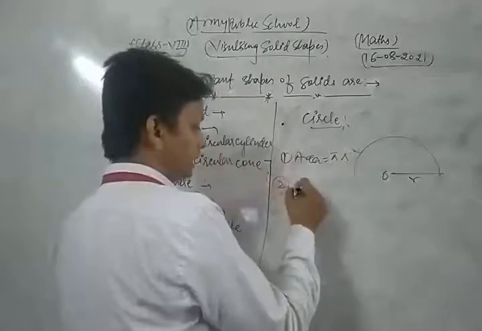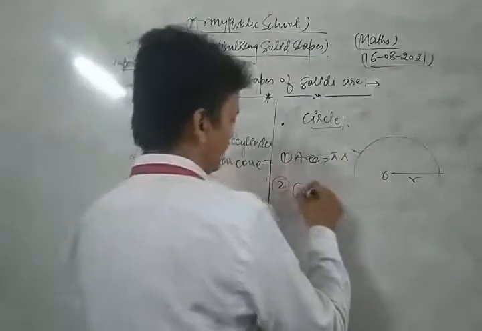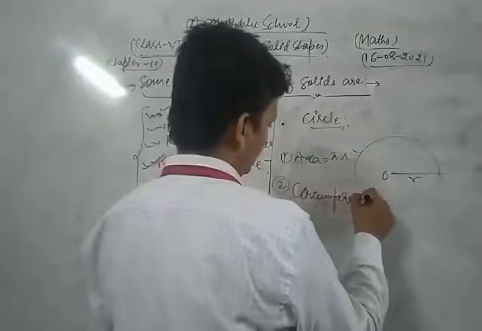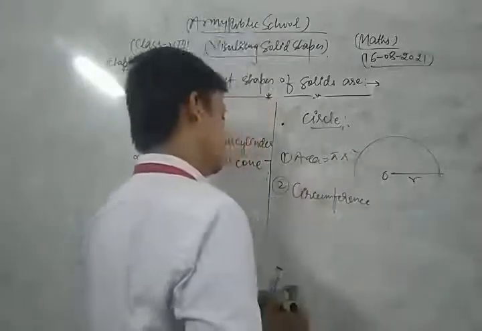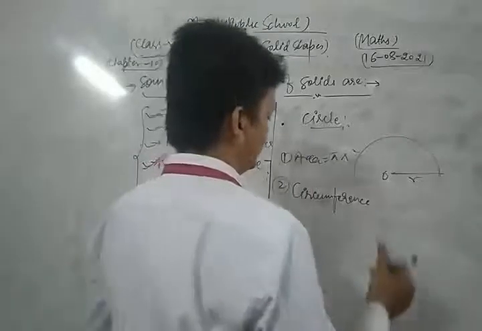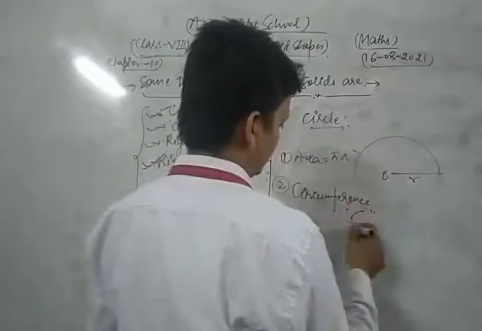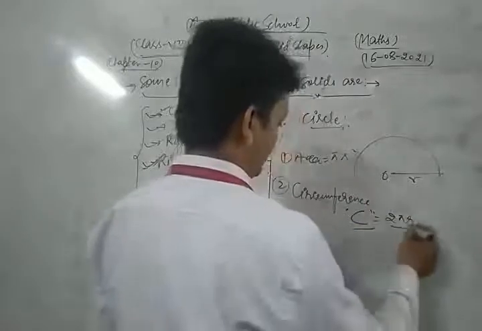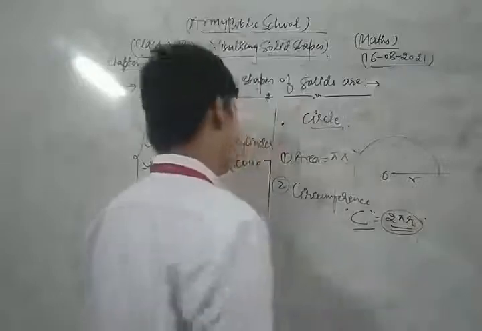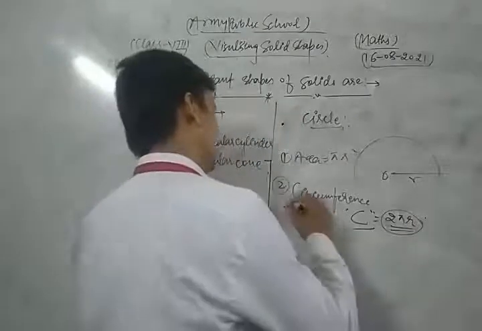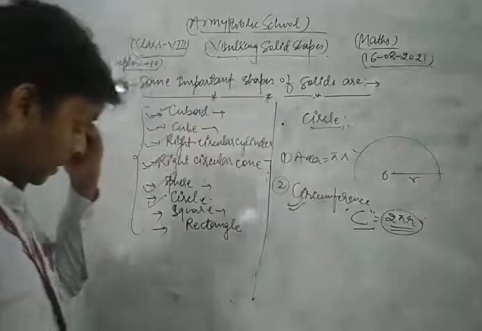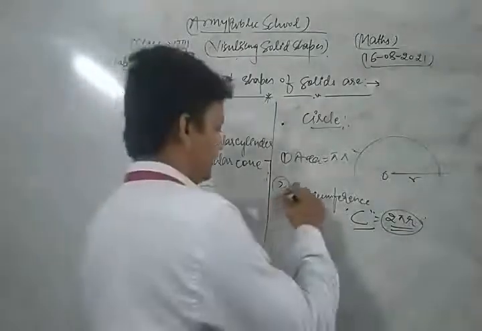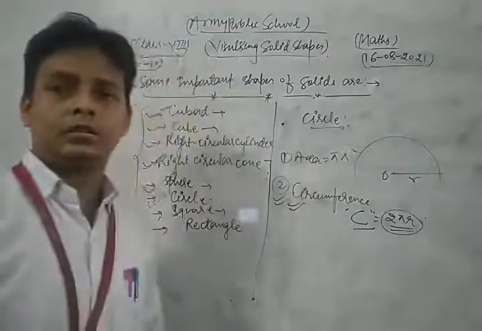Second one is its perimeter, the circumference C, which is 2 pi r. So this is a very important concept related to area and circumference.